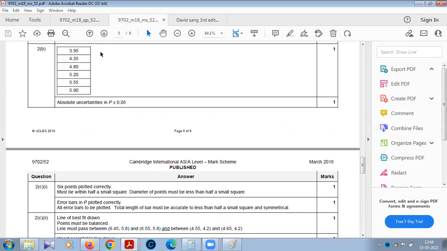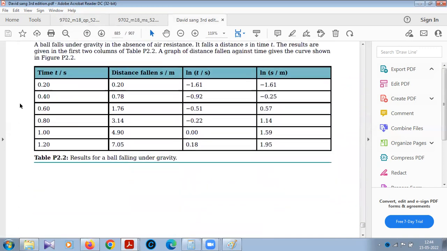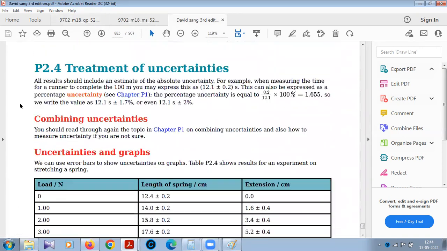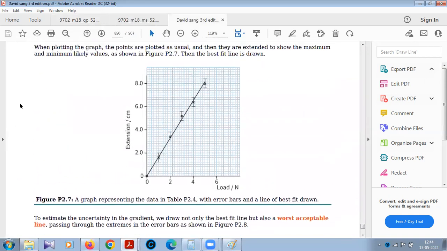And then you have to draw the error bars like this. So these are the different points. Suppose this is the point. I am adding plus minus 0.05. First I will add 0.05 and whatever value I get, I will put a bar like this.